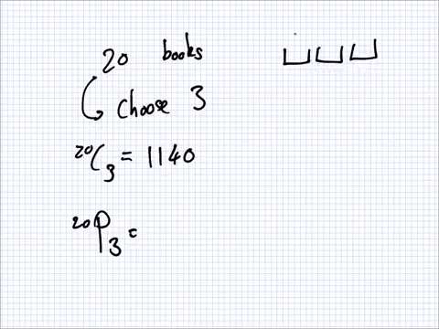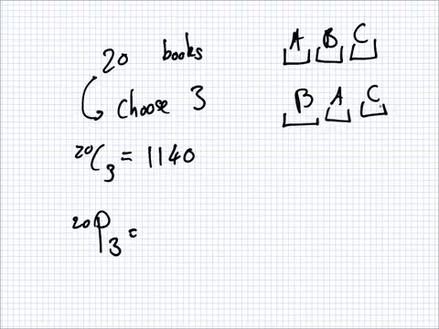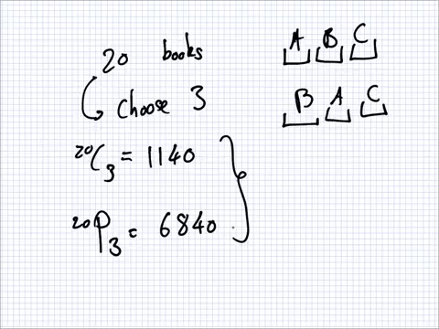So if they say book A, B and C, or if they say B, A and C, that's considered a different choice. So for 20P3, that's 6840. You can see there is a pretty big difference when the order is important and when the order is not important.